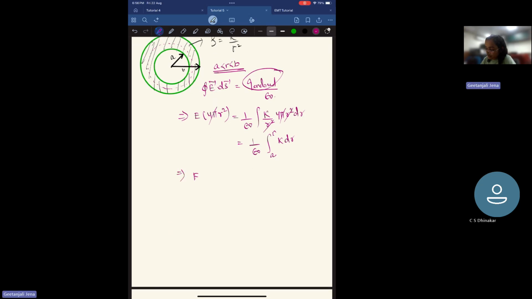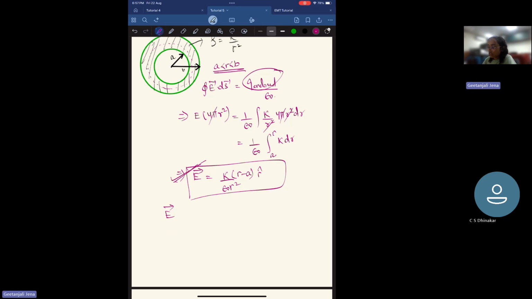So now the electric field for inside is 1 by epsilon naught r square, k times (r minus a). So this is the answer for the inside one. If you're getting this, then you are following the correct steps.